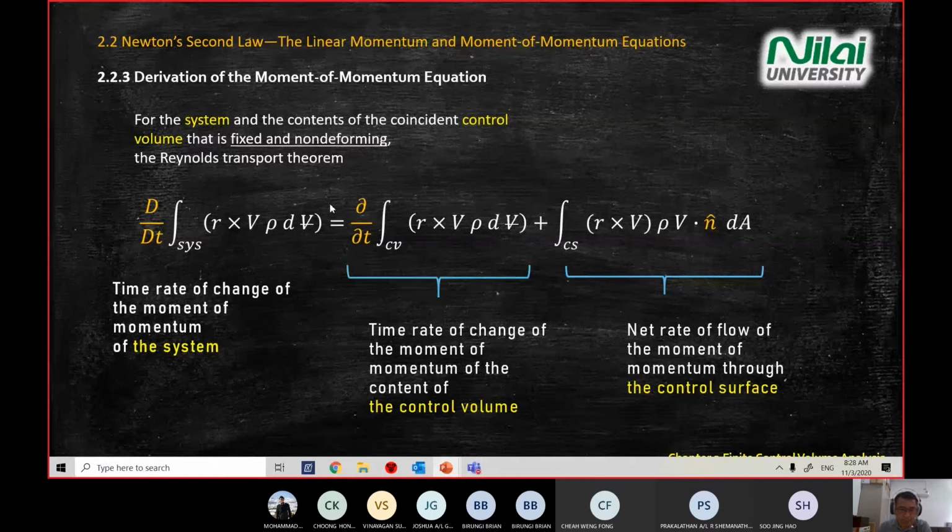Quite lengthy. So it's what you can see on your tutorial 32. The first two terms are actually the body of this Reynolds transport theorem. And if you define CV plus CS as equal to d over dt integrated inside the system, r times V rho d volume, you will get the Reynolds transport theorem.